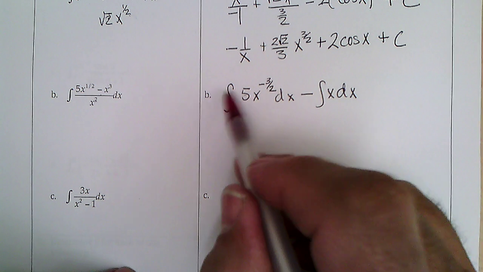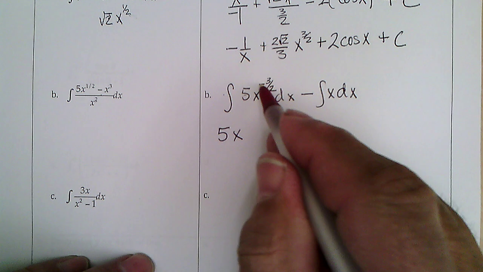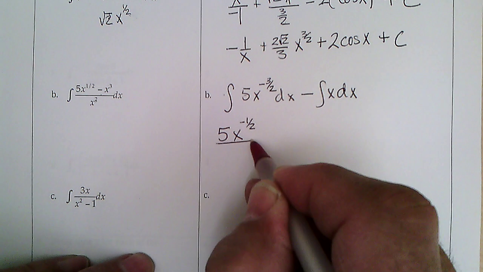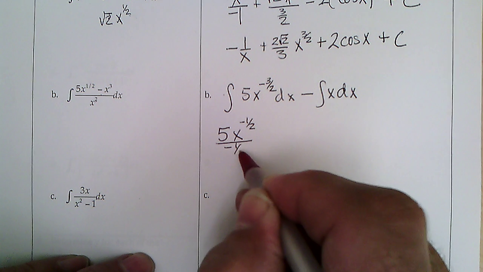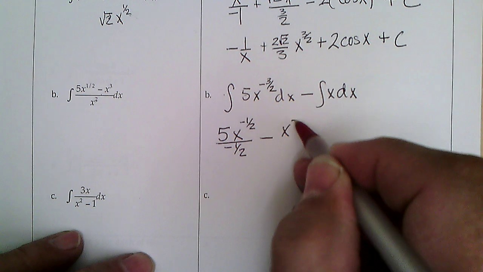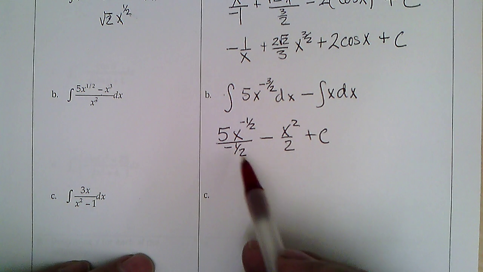Using the power rule and pulling the 5 out, we'd have 5 x, adding 1 to minus 3 halves is minus 1 half over minus 1 half, minus the integral of x is x squared over 2 plus c.